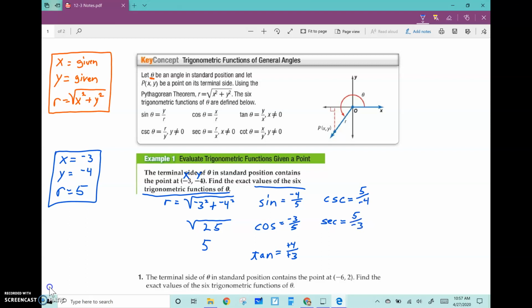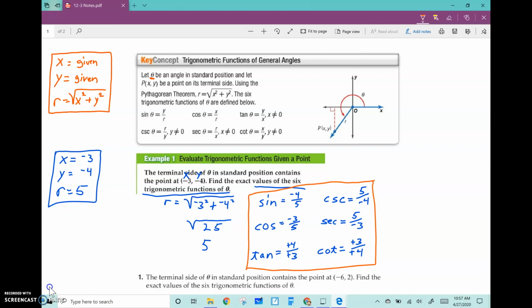And cotangent is x over y. So cotangent is going to be -3 over -4. And two negatives in a fraction are going to become positive. And that is your 6 trigonometric functions.